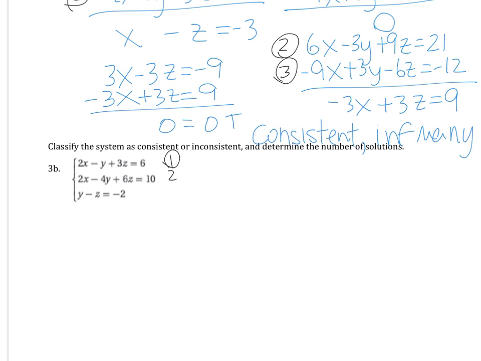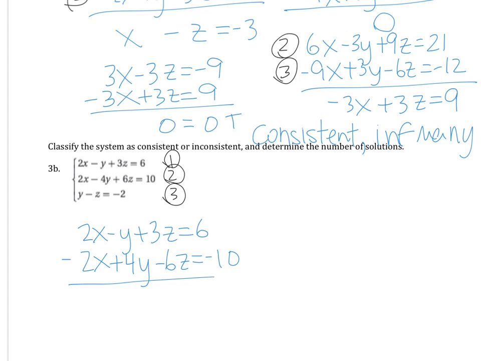Okay, and the last one here, take equation 1. And I want a y and a z, so I'm going to eliminate the x's, multiply the second by a negative. Add them together.